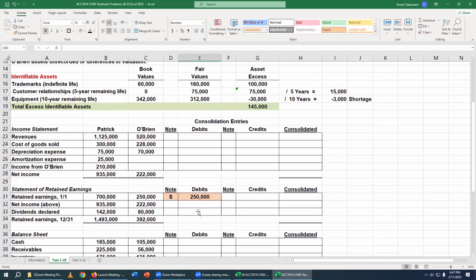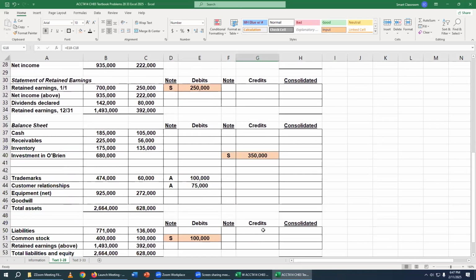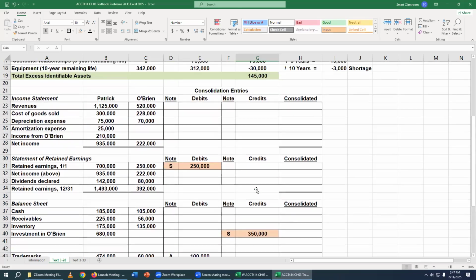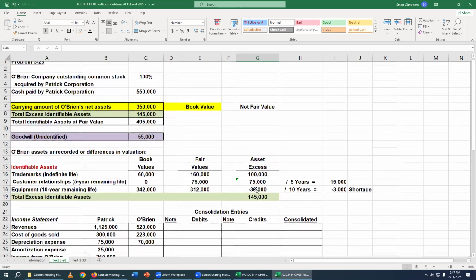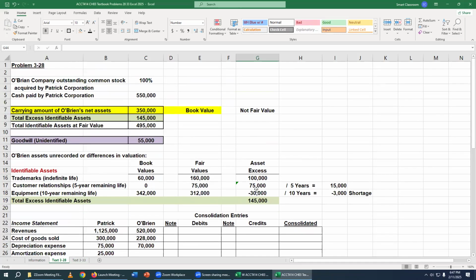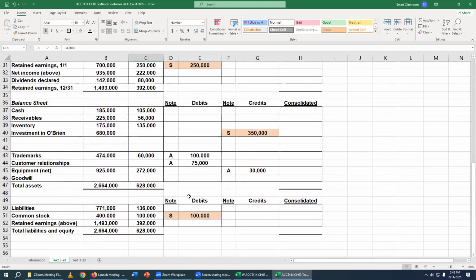I'm gonna peek up here just to make sure I'm not putting stupid stuff up. Yep. Okay, now here's the wacky one. The equipment. We have to take off 30,000. $342.